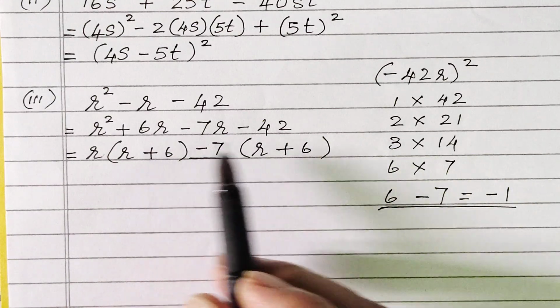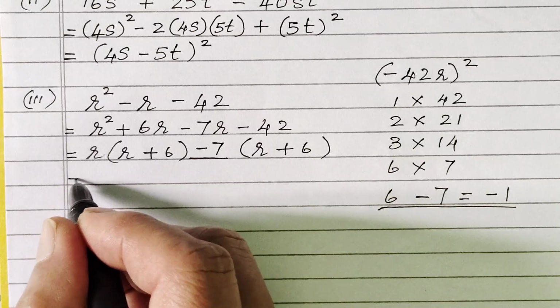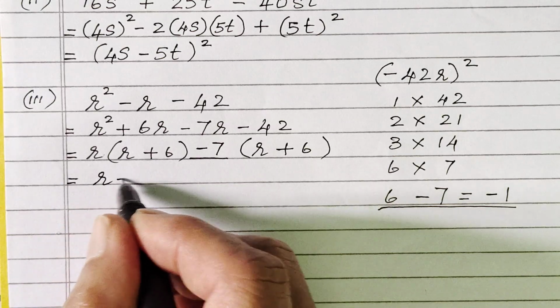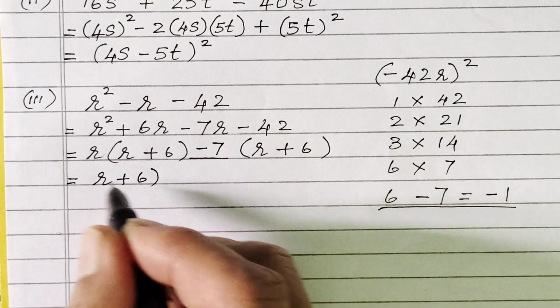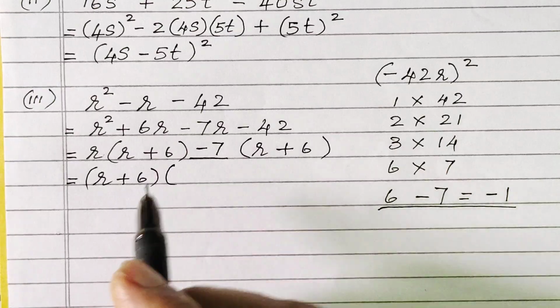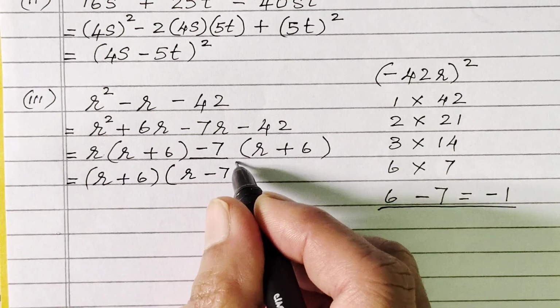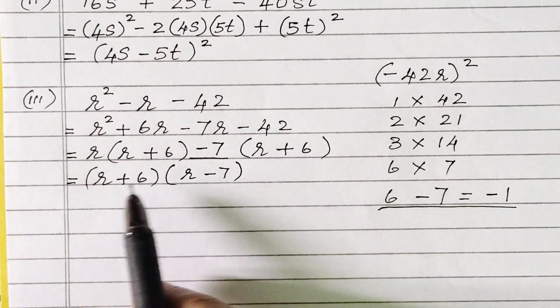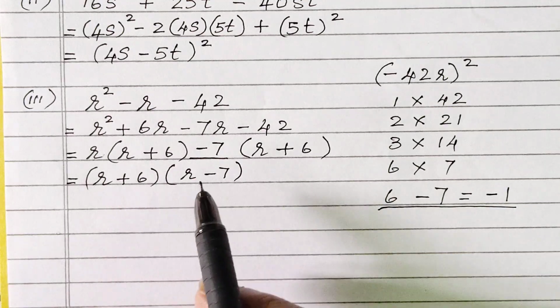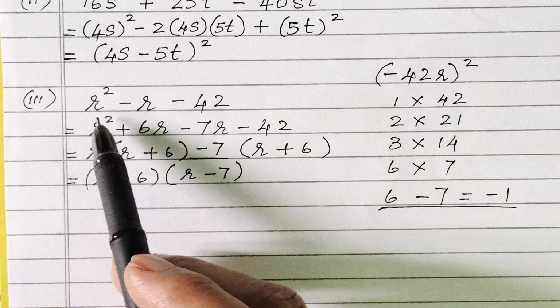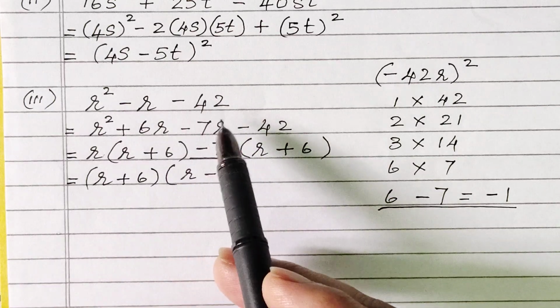So r plus 6 is the common factor. Take the common factor outside. So r plus 6, the common factor came out. Now what is left here, r minus 7. So they are the factors. R plus 6 and r minus 7 are the factors of r square minus r minus 42.